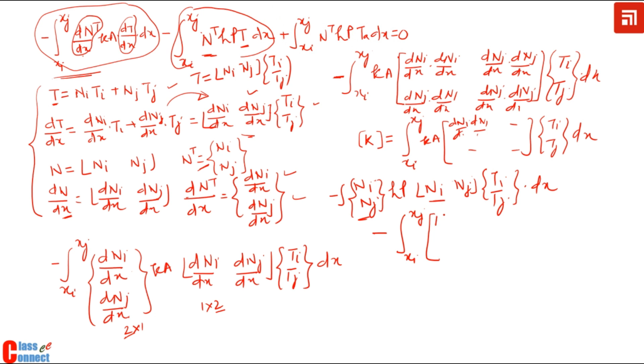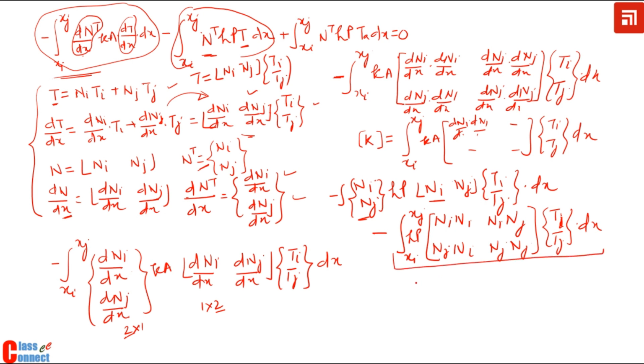So I get this as Ni into Ni, Ni Nj, Nj Ni and Nj Nj, multiplied by, let us take this h and P here, multiplied by Ti and Tj into dx. So this particular matrix is known as the convective heat stiffness matrix.